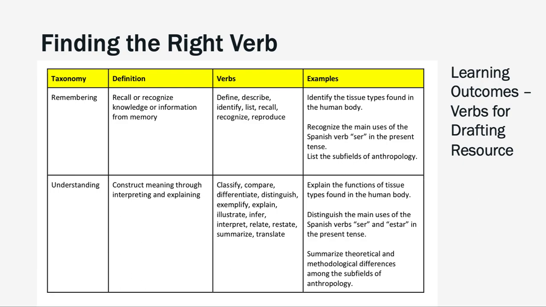I often recommend trying on various verbs, so I tend to go through this list and try out the different verbs in describing what I want students to be able to accomplish. Do I want students to be able to describe something, or do I expect them to possibly recognize? Do I want them to compare, or do I want them to translate? Trying out these different verbs tends to help me settle into the right fit.